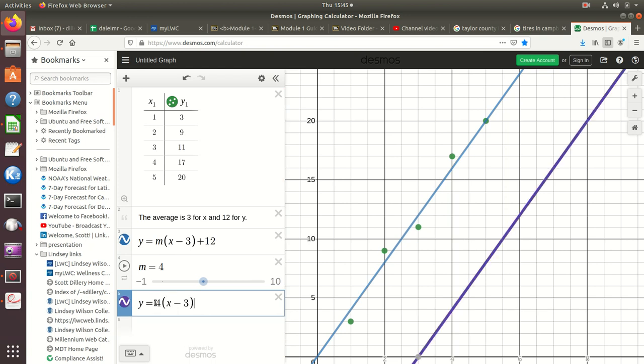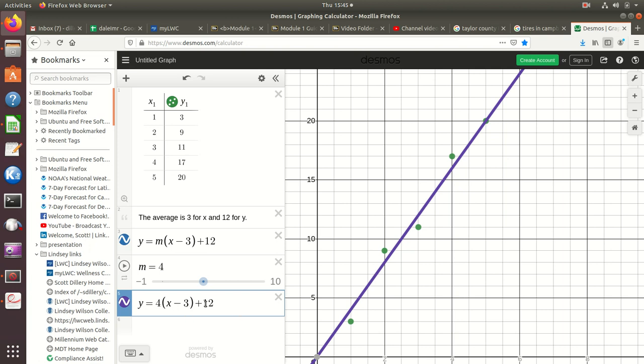Now I don't really have to type this in here because I've already got it with the m being 4, but I can hardwire it in, and there it landed right on top. I can figure out what my y-intercept is if I want to by multiplying through, and it actually turns out this looks like a proportional relationship, because when I take 4 times -3, I get -12, plus 12, I get 0.